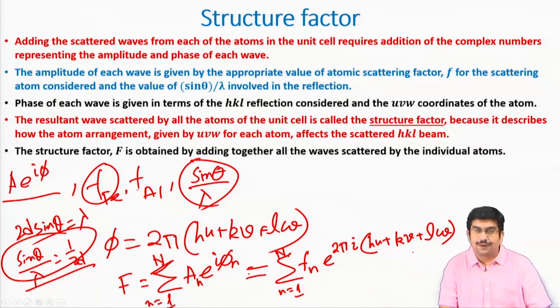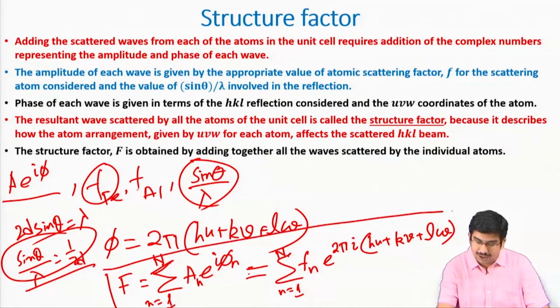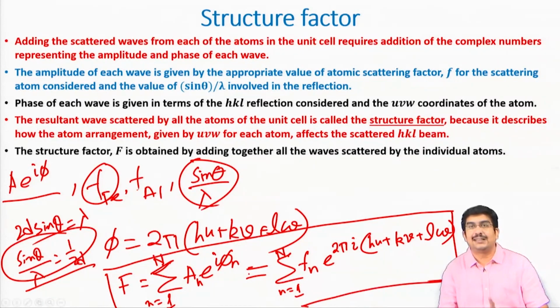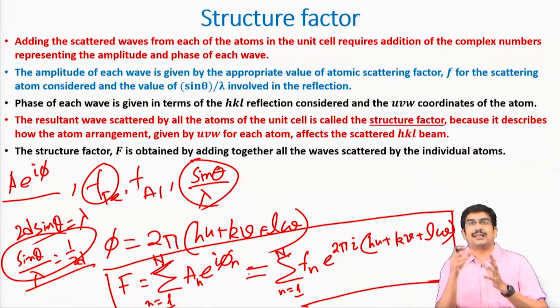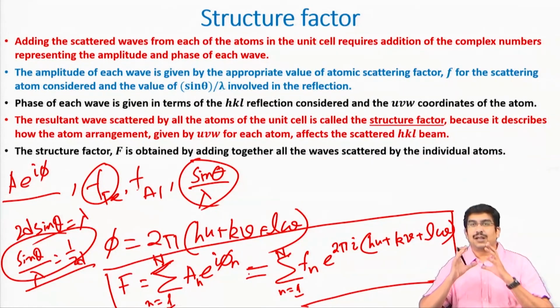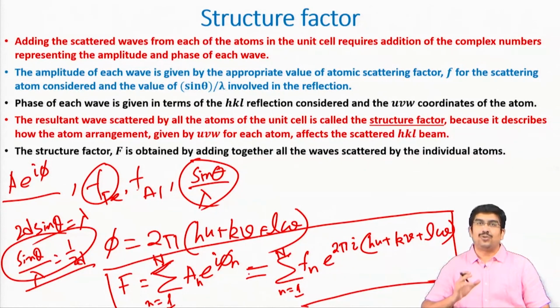This is the final expression. So, this expression is the final expression for the diffracted beam intensity coming out of the unit cell, and this is the resultant wave coming out of all the atoms in the unit cell.